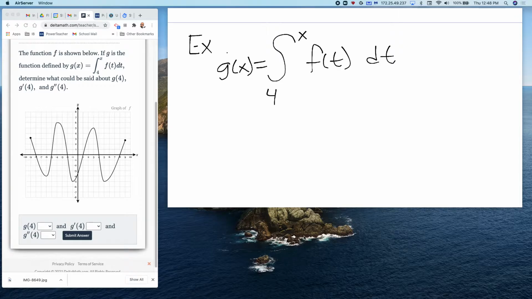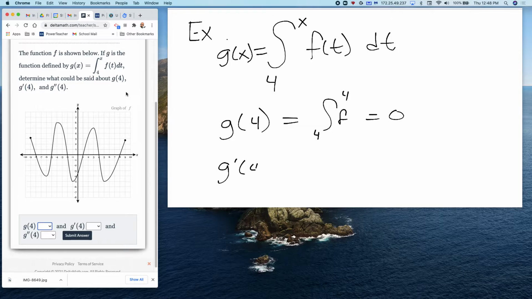And it's asking us to compare these values. Are they greater than 0, less than 0, or equal to 0 for all of these? And we're supposed to figure out g of 4. Well, g of 4 would be the integral from 4 to 4 of f, which clearly is 0. The area under the curve from 4 to 4 is just 0. Can't be anything else, right?